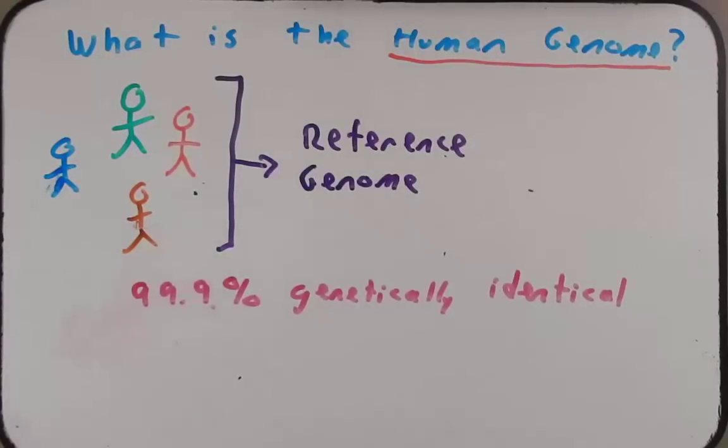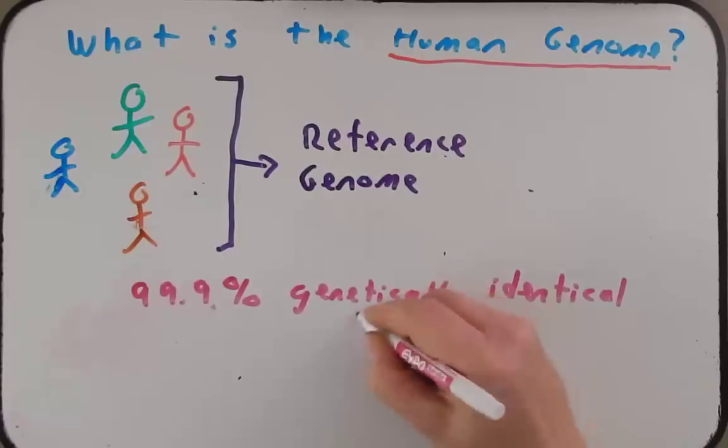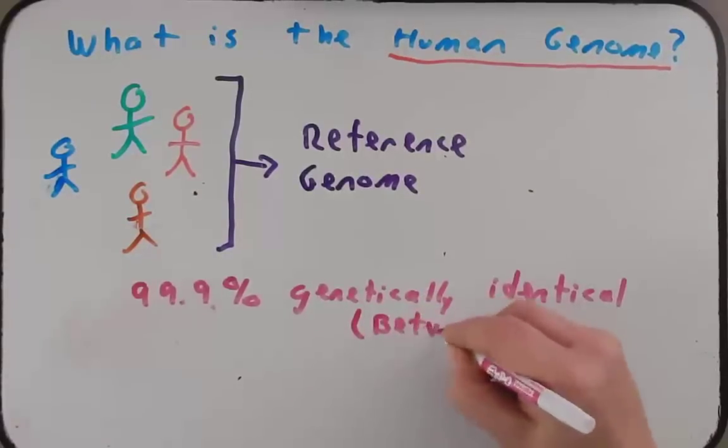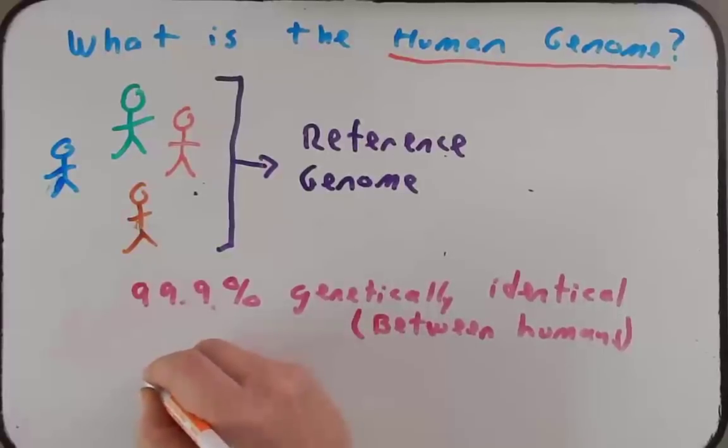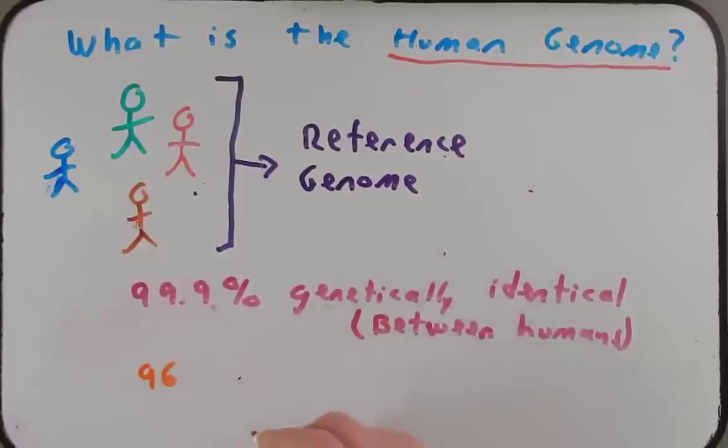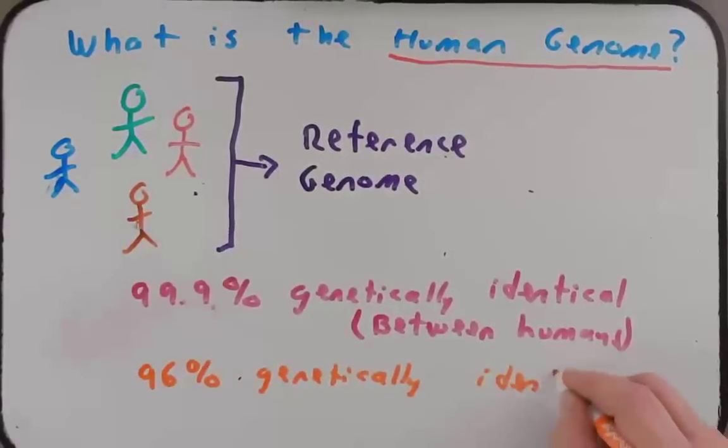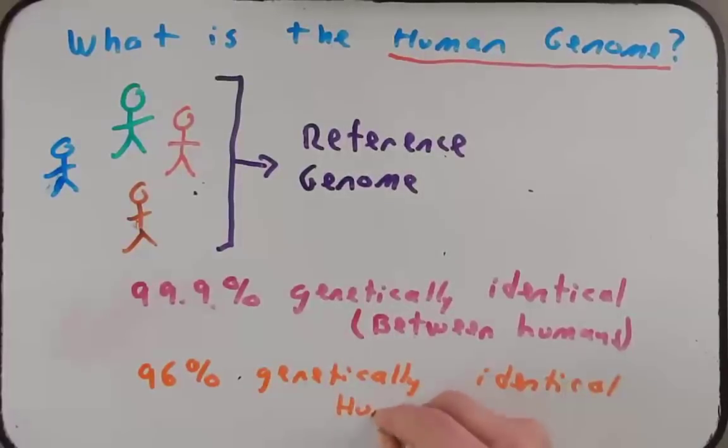I wanted to make the distinction between any given humans because I also want to remind you that between a human and a chimpanzee, it's about 96% genetically identical. So this is humans to chimps.